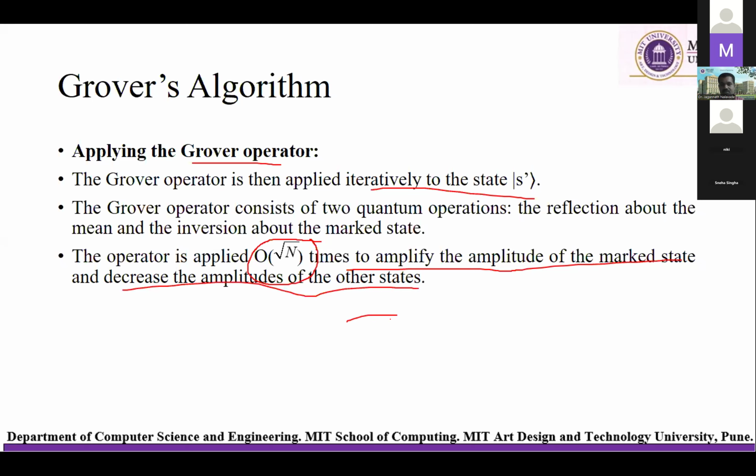So there are so many different states in that particular system, and one of the states is amplified. So only this state will be amplified and the remaining states will be decreased because these are not a part of that particular result.